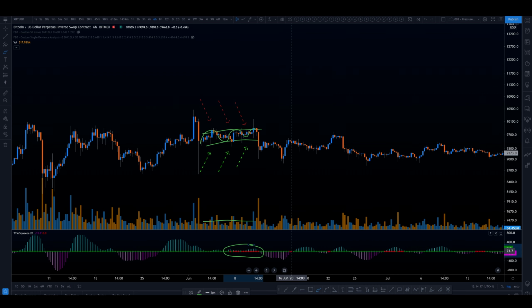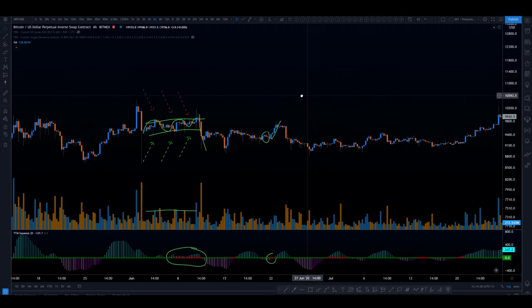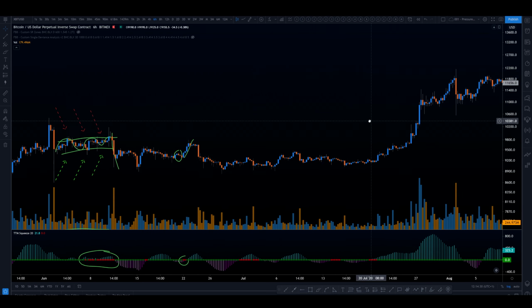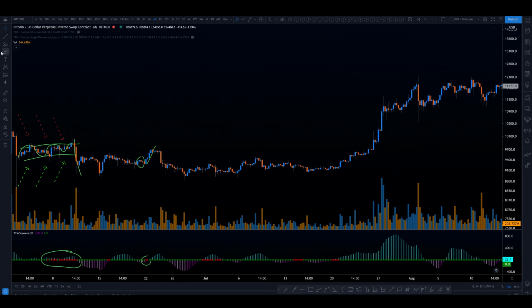You can use these signals to look at where we might see movements, but it's not necessarily the case that we will see something. The TTM is additional confirmation, additional evidence you can use to analyze the situation.